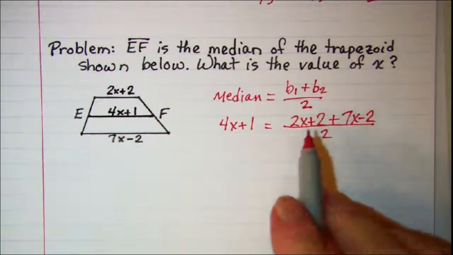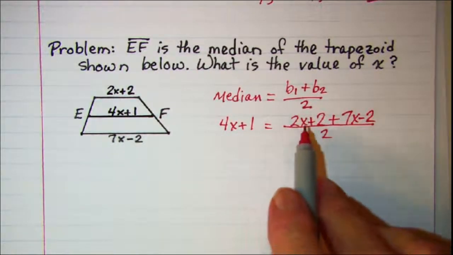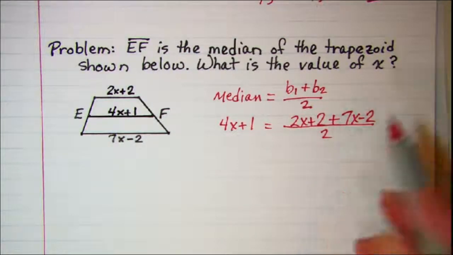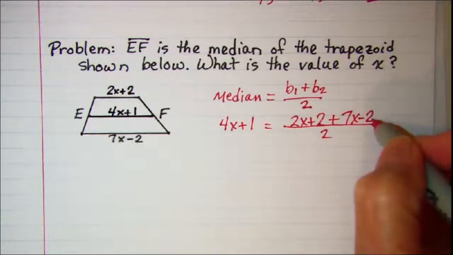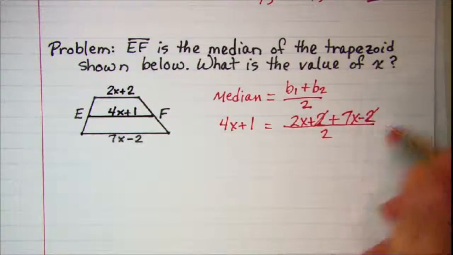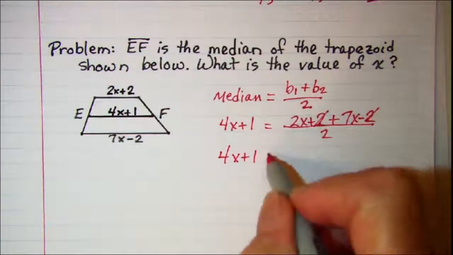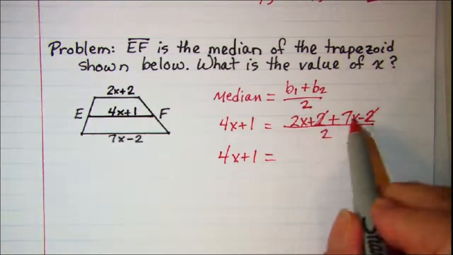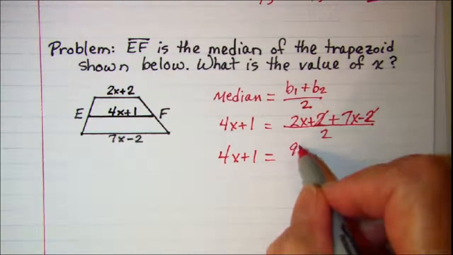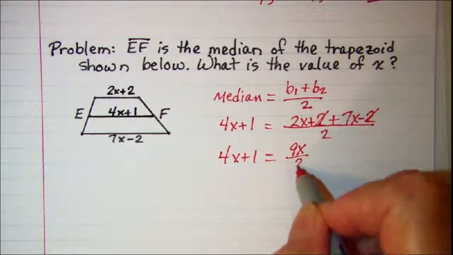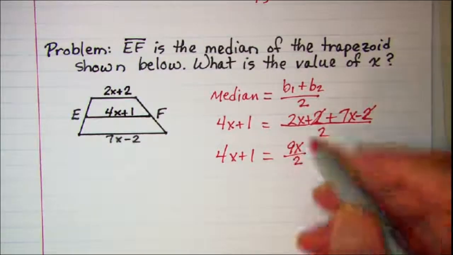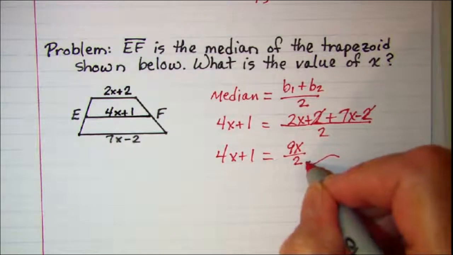Okay, so let's solve for x. Combining like terms, this positive 2 and this negative 2 will cancel. So we'll copy our 4x plus 1, and we get 2x plus 7x is 9x divided by 2. This is the same as 4.5x.